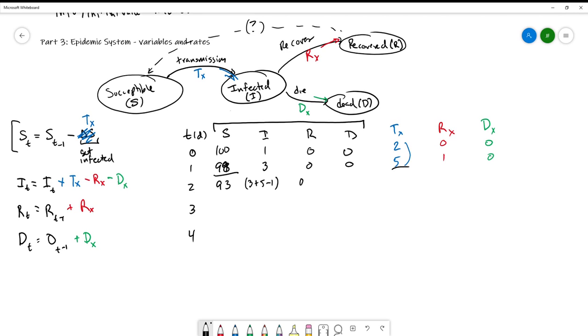This will be 0 plus 1. This will be 0 plus 0. And so we're starting to see how this would develop in terms of actually writing out functions for what each of these are.